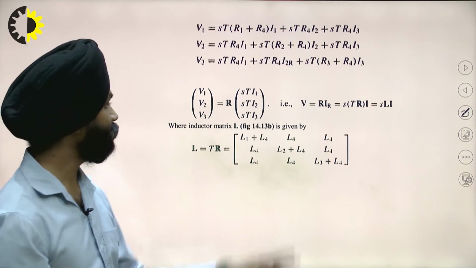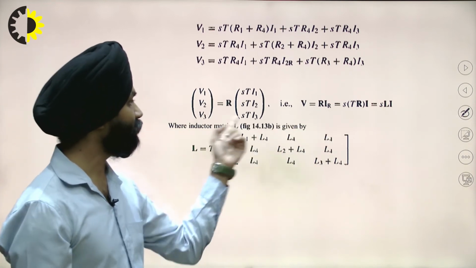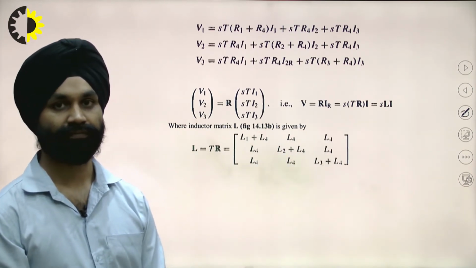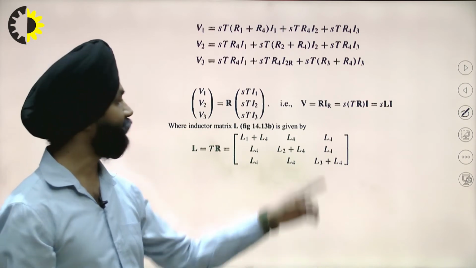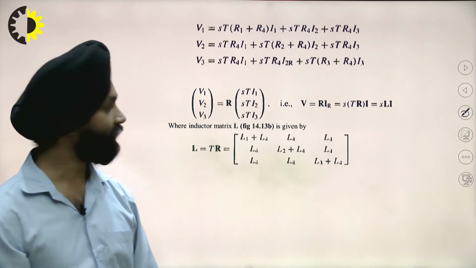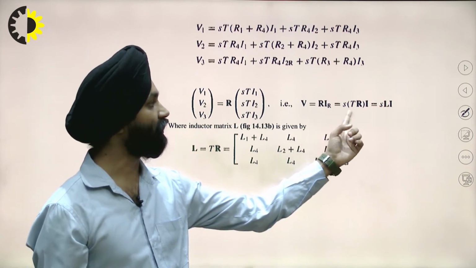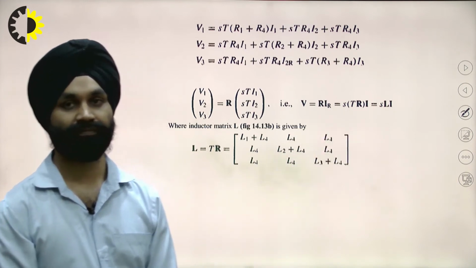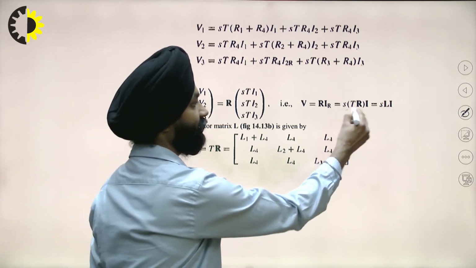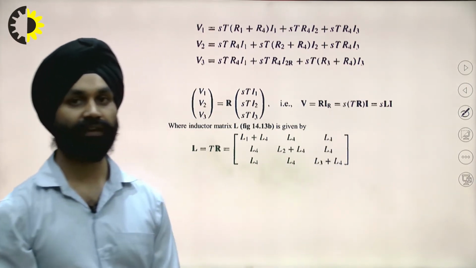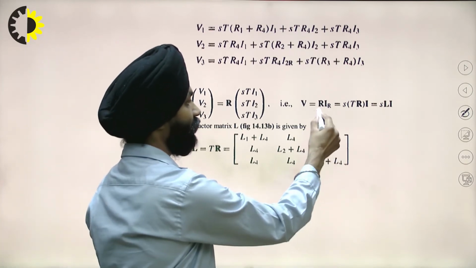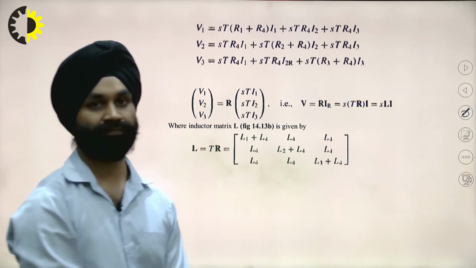Now from this equation, it is STR into I. And previously we have said that it is V is equal to IR. So here we can say that R is equal to STR, or we can say that STR is an inductive impedance, or we can say that this R is SL.